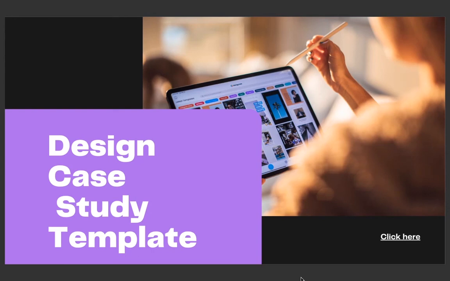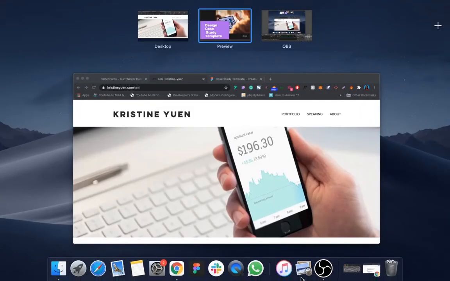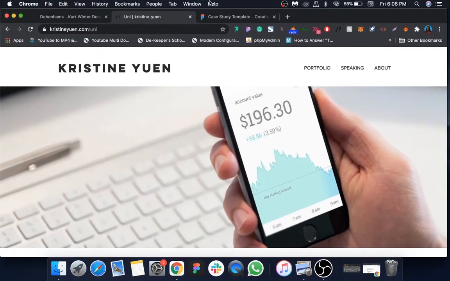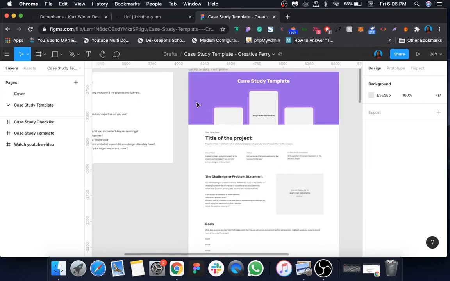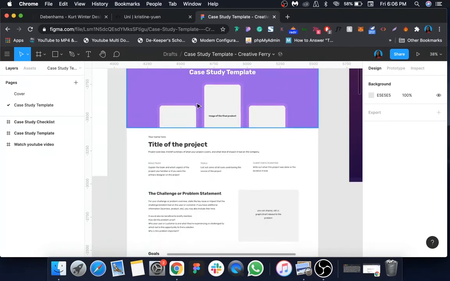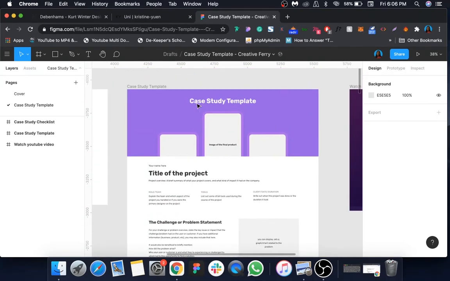I'll show you what it looks like right about now. All right, let's see what it looks like. So this is what the design case study template looks like. For every project you have, you can just fit in what your process is into this.